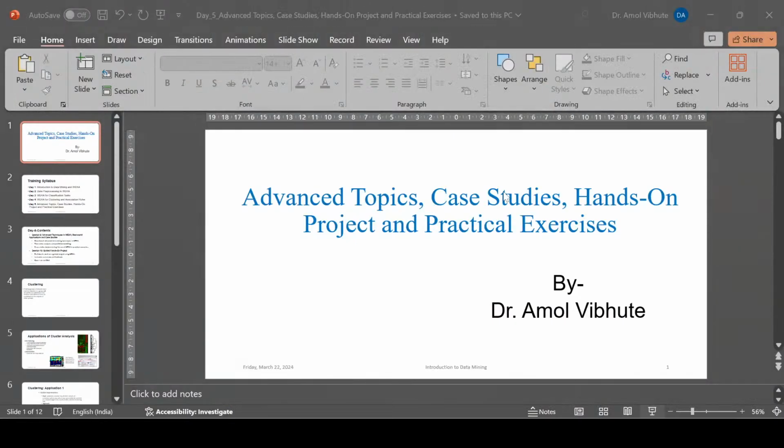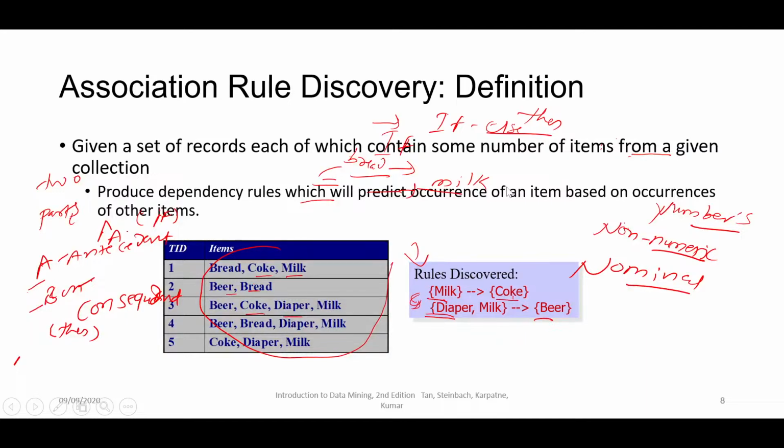So this key theory we missed in the last session. For example, again, bread: you can see here bread is the antecedent and milk is the consequent. If someone is simply trying to buy milk, that means he will likely try to buy bread as well.